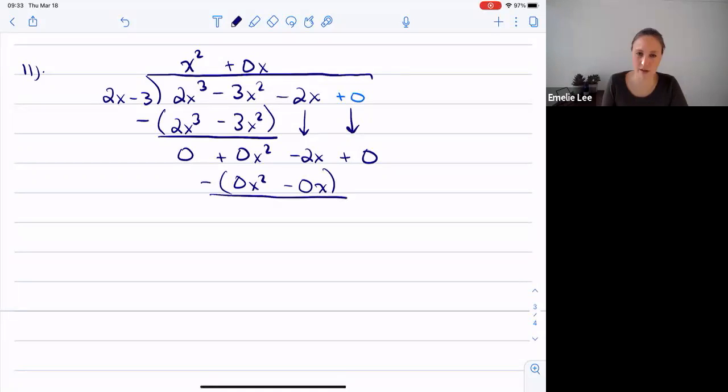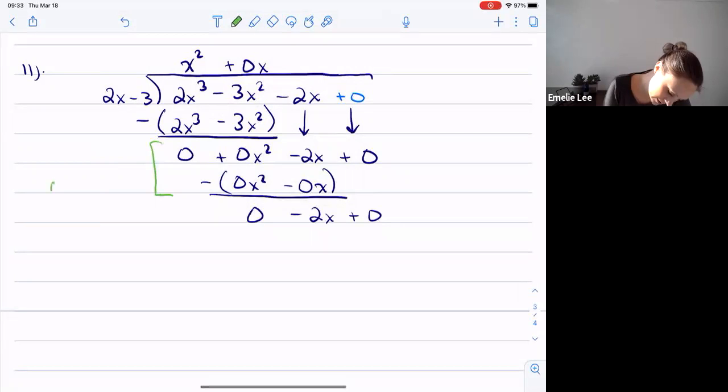Subtracting, just following the rules of the road here, puts me at 0, and then negative 2x plus 0 is negative 2x plus 0. I'll say here we could skip this step.